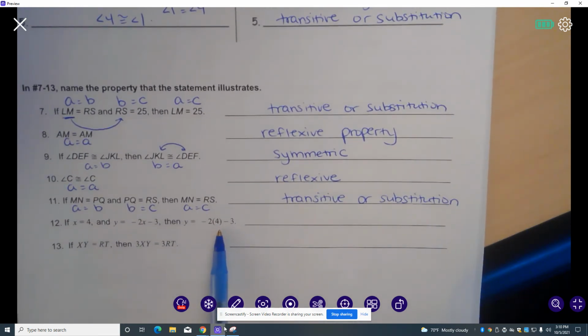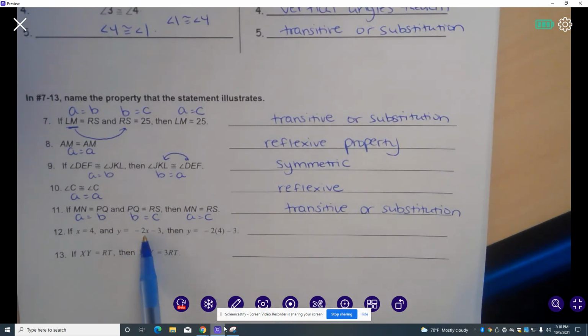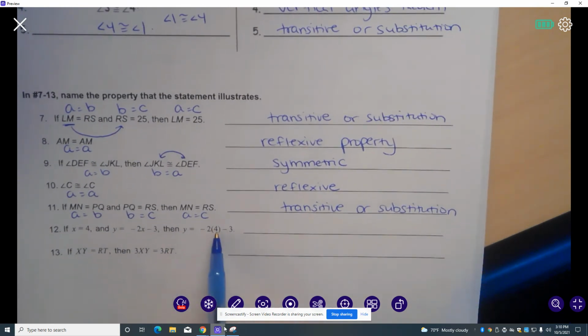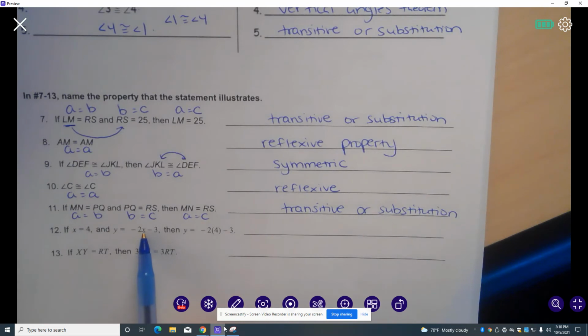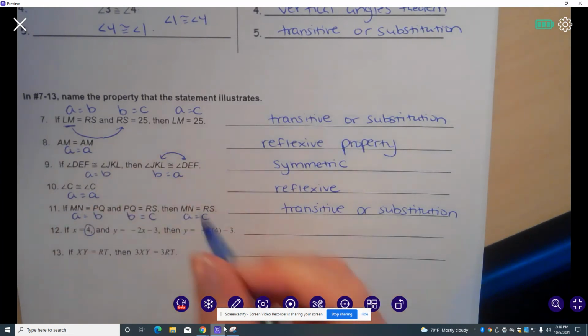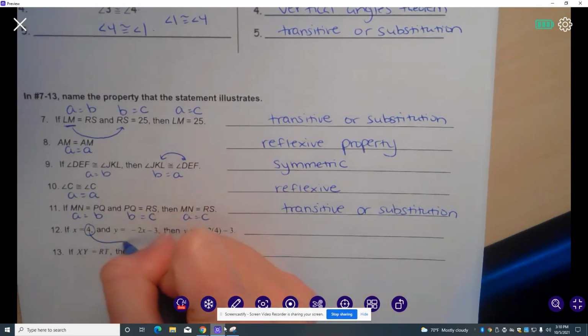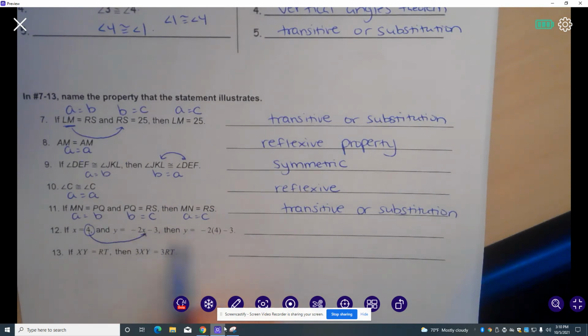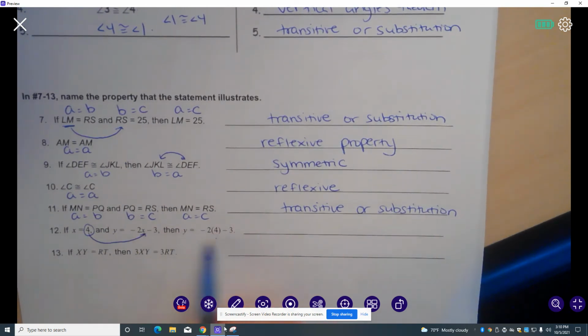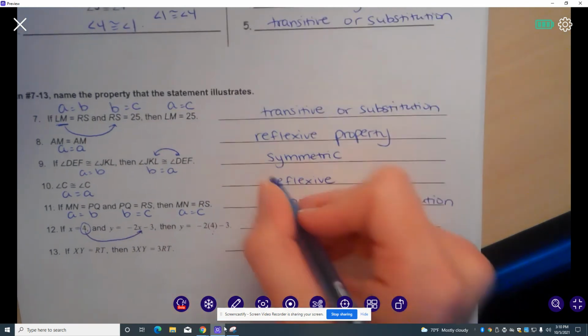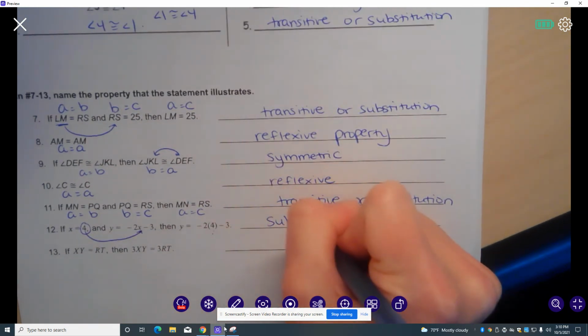Well, what I notice is the difference between this equation and this equation is there's a 4 plugged in here for x. So why can we do that? Well, look, x equals 4. So if x equals 4, we can take 4 and plug it in or substitute it in for x. And when we do that, this is what we're left with. 4 is in the place of x. That is the substitution property.